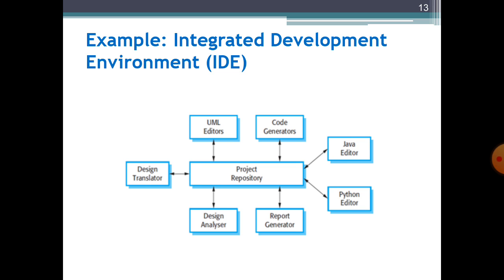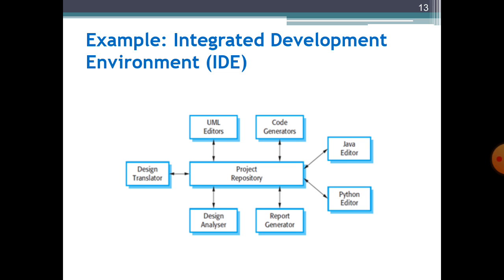So this diagram actually shows that any interactive development environment includes different tools to support model driven development, etc. Like the repository in this case might be a version control environment which actually keeps track of changes to software and allows rollback to earlier versions as well.